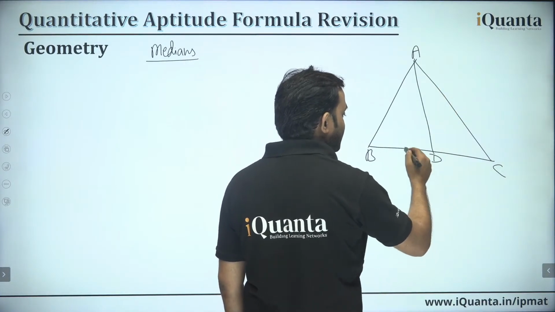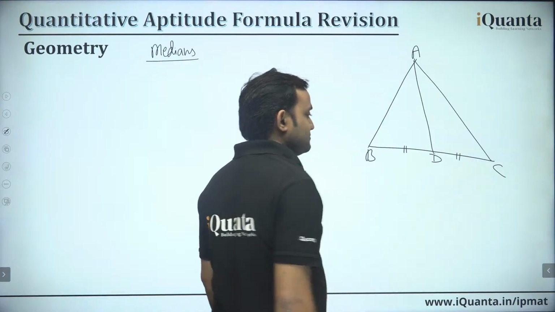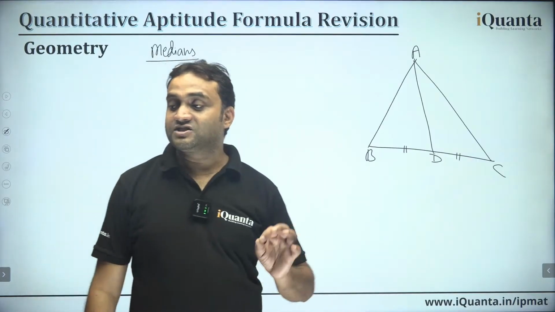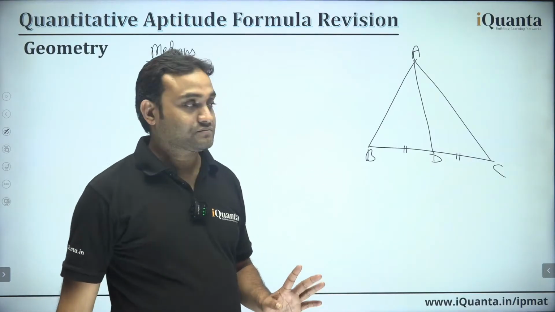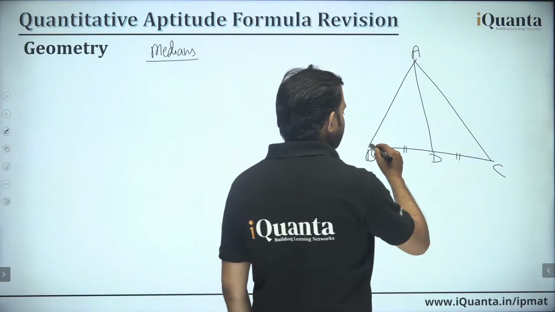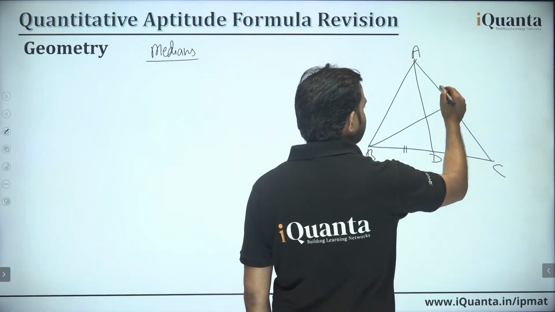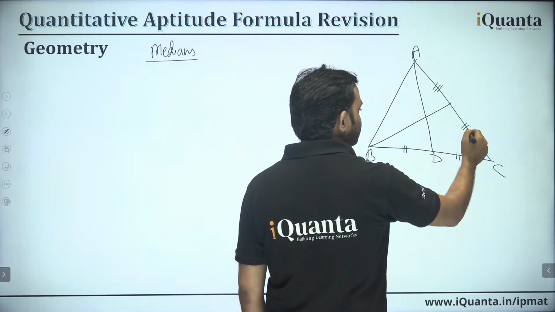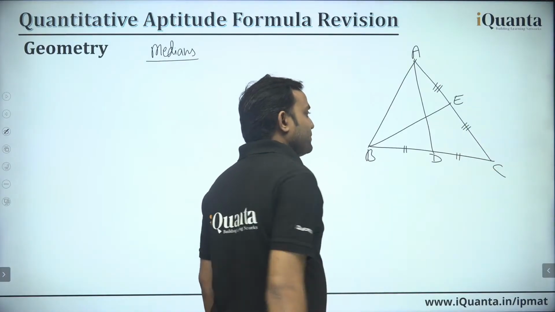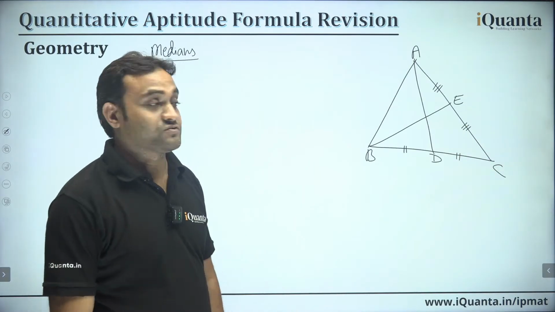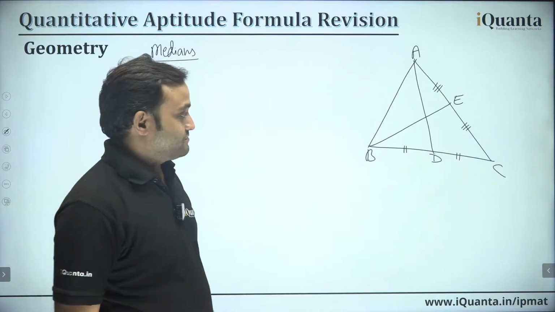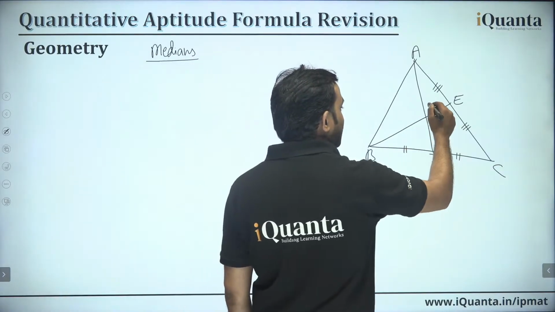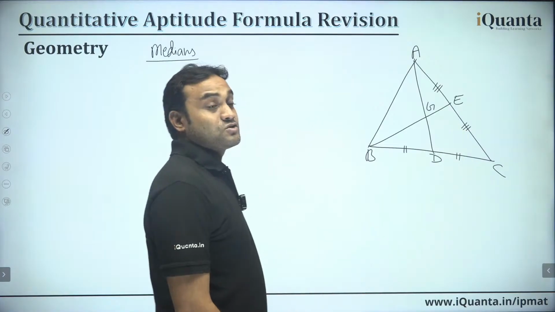If this is D, BD is equal to DC, so AD is known as the median of this triangle. Similarly, we can take another median like this, which will be a median of this triangle as well. And these medians are intersecting at point G. This G is known as the centroid.